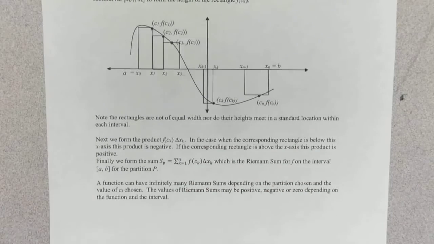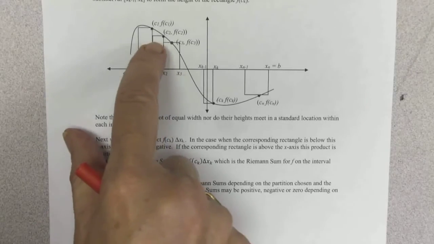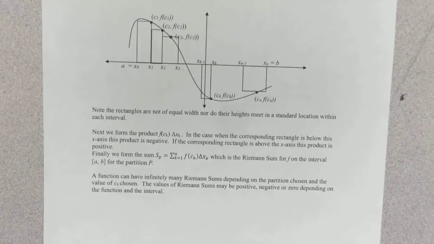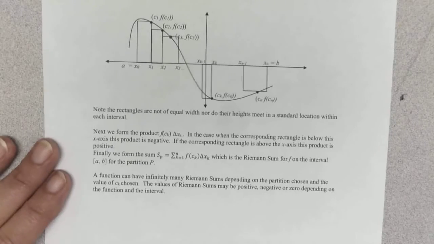Rectangles that might be fat, rectangles that might be thin, maybe above the x-axis, maybe below the x-axis, maybe the rectangle meets the curve on the left-hand side, maybe in the middle, but it's just adding up areas of rectangles. And again, areas in air quotes, because if it's below the x-axis, the value will be negative. So Riemann sums can be positive or negative, depending on the specific Riemann sum.